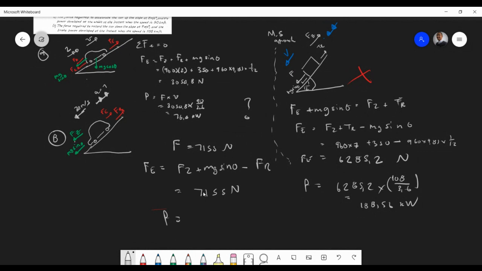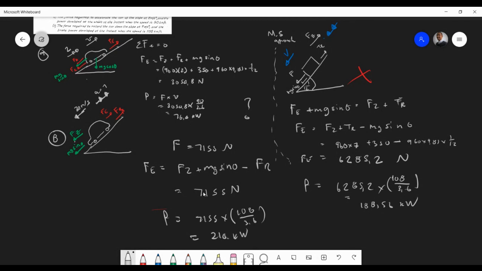And then your power in this case is going to be 960. What's the weight again? So it's 4 times velocity, my bad. 7,555 times 108 over 3.6. So it's very interesting actually to think about: 214 kilowatt.